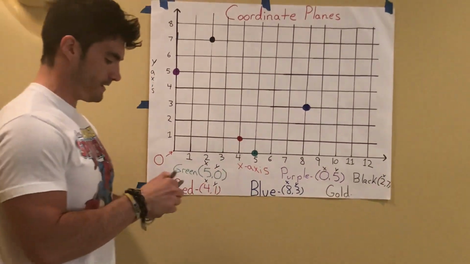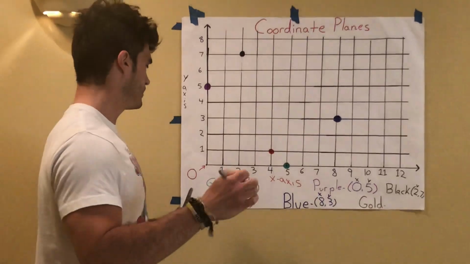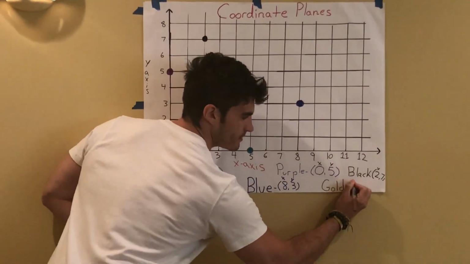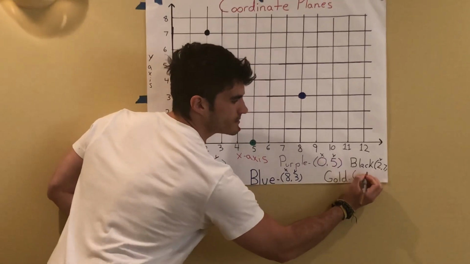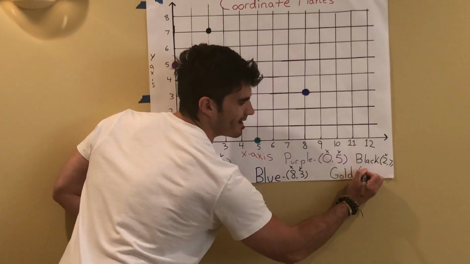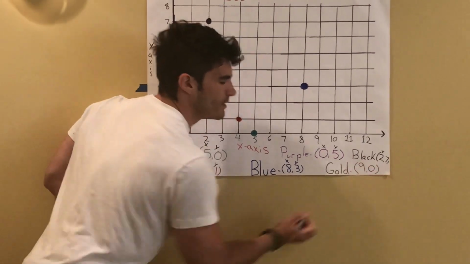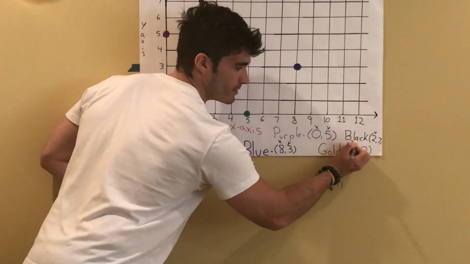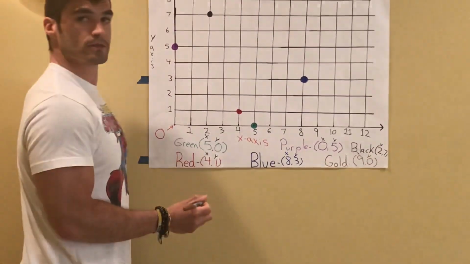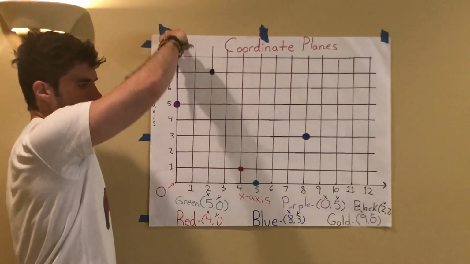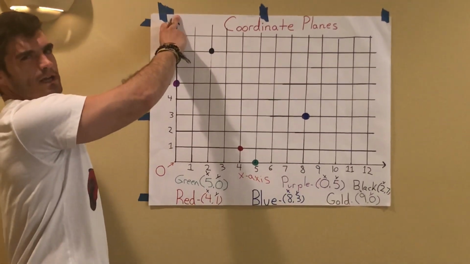And last but not least, gold. Who doesn't like gold? Let's do a tricky one. Let's go with (9, 0). Now, if you remember, you have to go horizontally before you go vertically. So if I started and said, oh, I'm all the way there. Oh, hey, but first 9 is not even there, so just imagine.